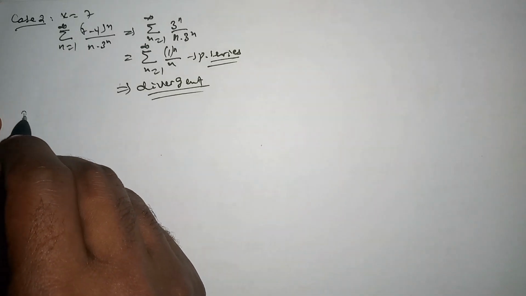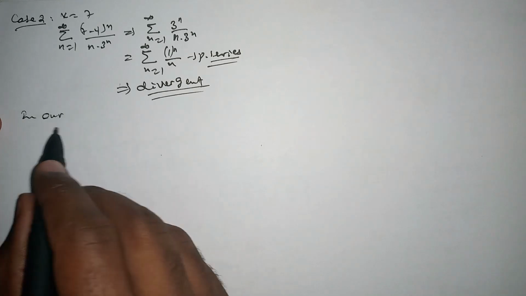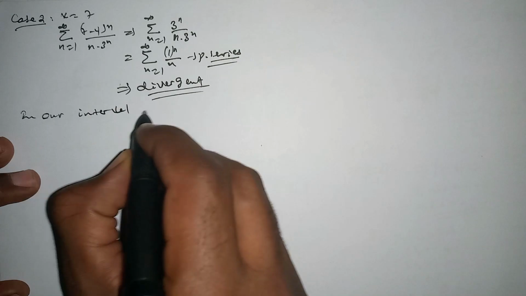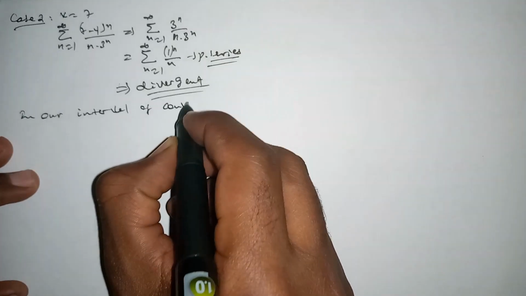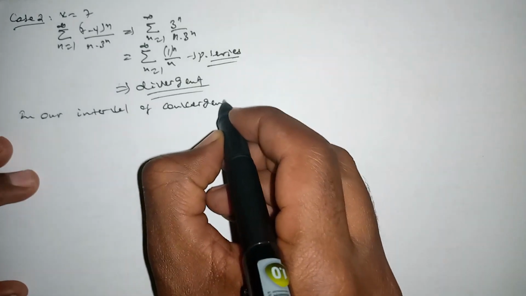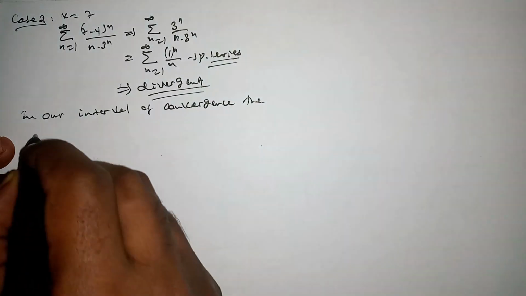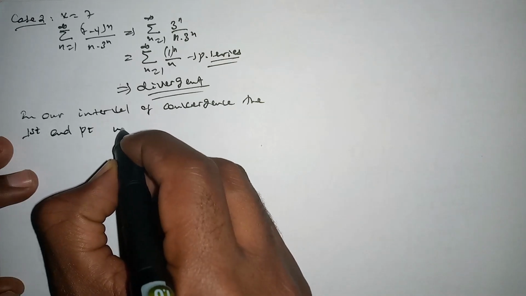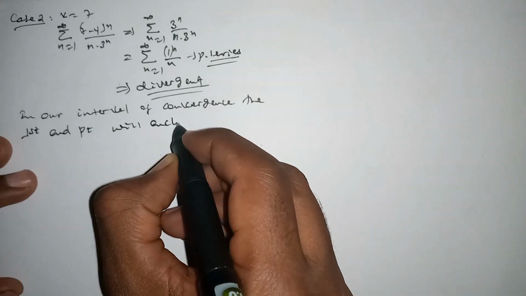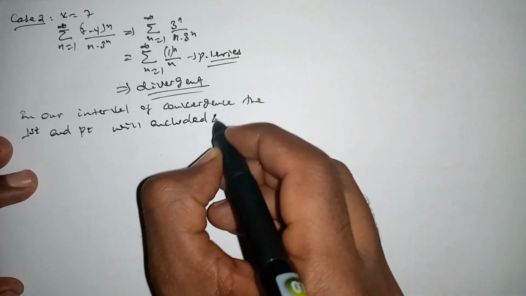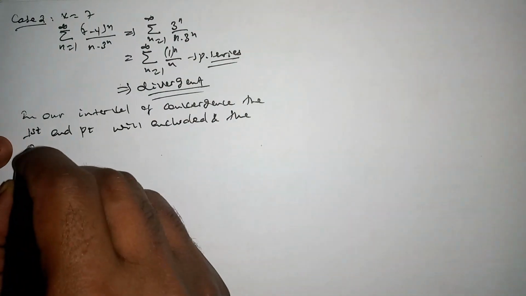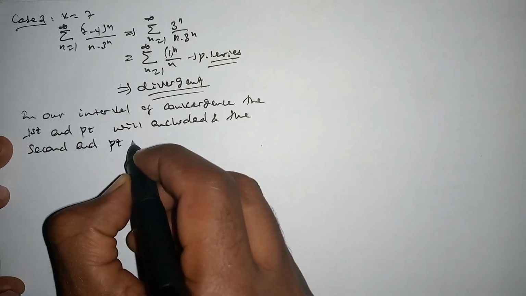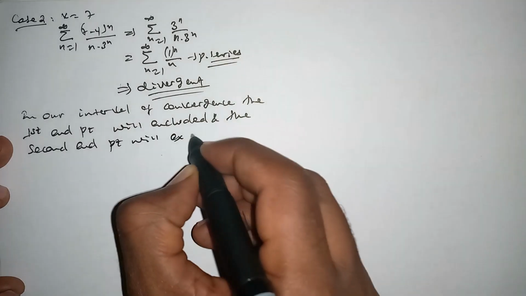So in our interval of convergence, the first endpoint will be included, and the second endpoint will be excluded.